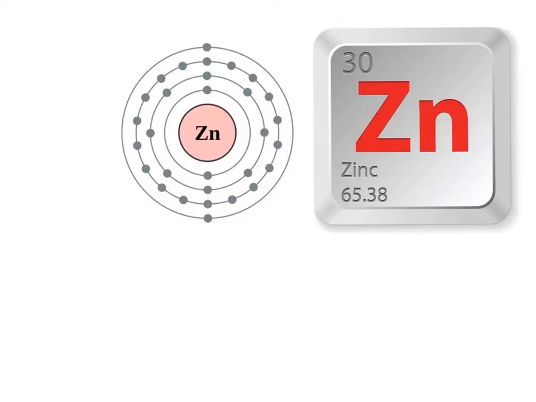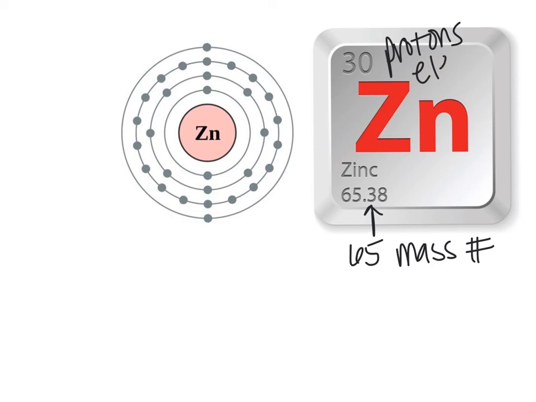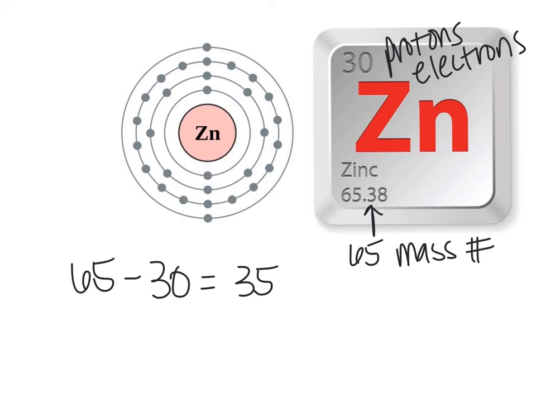Let's try one that has a little bit more to it. Here is zinc. It has 65 as a mass number, and it has 30 protons, so it has 30 electrons. So we do 65 minus 30 is 35 neutrons.